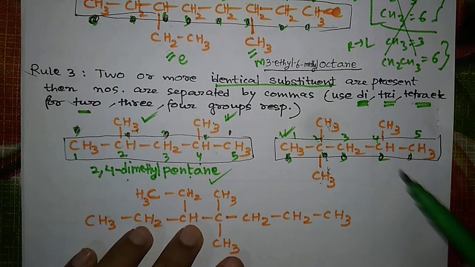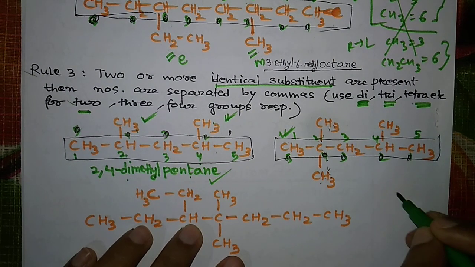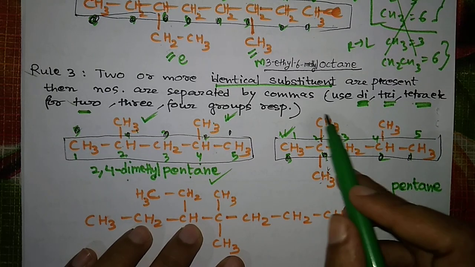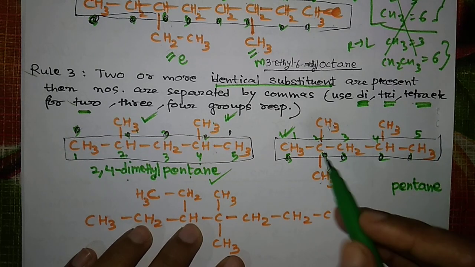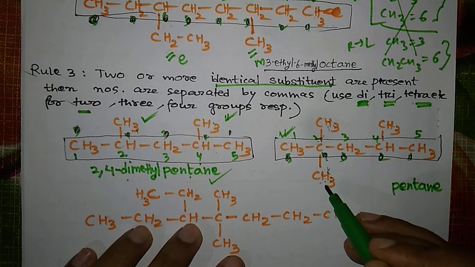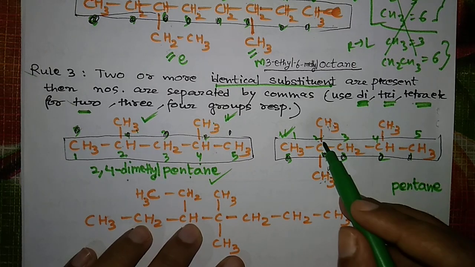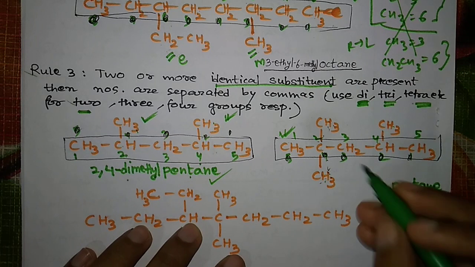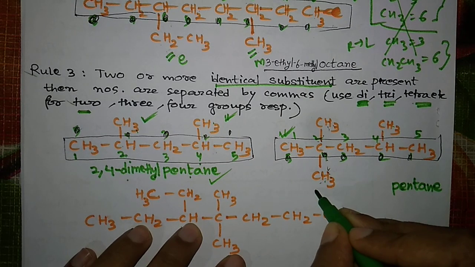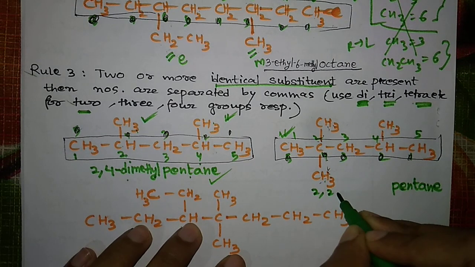Now how do we write the name? If you see 5 is there, so pent will come, and since no double bond, only single bond, so ane will come. Now we will name the alkyl groups. So if you see how many alkyl groups are there, total 3 are there, right? And all are methyl, right? All are methyl. So how do we write? We will mention all 3. So 2 comma 2 comma 4.